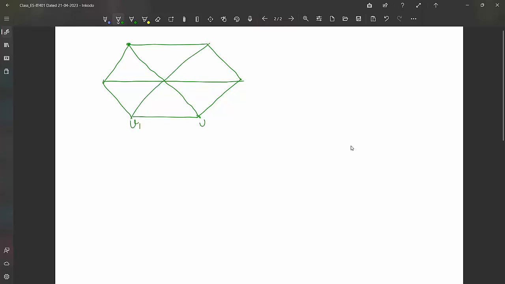So these are v1, v2, v3, v4, v5 and v6, and these are the edges e1, e2, e3, e4, e5, e6, e7, e8, and I take it as e9.